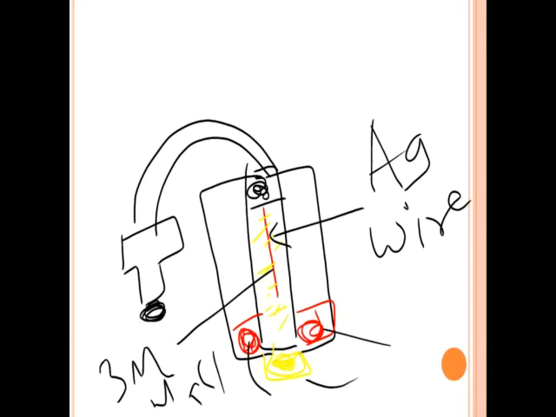Then here a small window is present. It is the porous frit, and this porous frit is made up of glass. So this red color is the Teflon tube, also called polytetrafluoroethylene tube, PTFE. And this yellow color window is nothing but the porous frit, made up of glass.